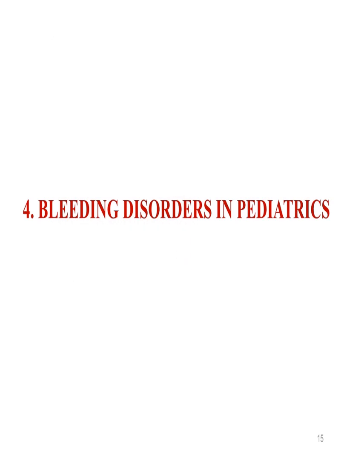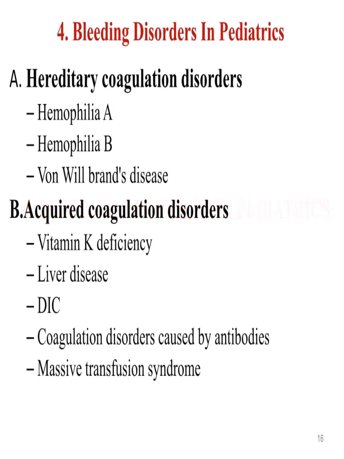What are the common bleeding disorders in children? The bleeding disorders in children are the coagulation disorders, which are basically congenital or hereditary, and then we have acquired coagulation disorders. Now, hemophilia A and B are basically coagulation disorders, whereas von Willebrand disease is primarily a bleeding disorder.